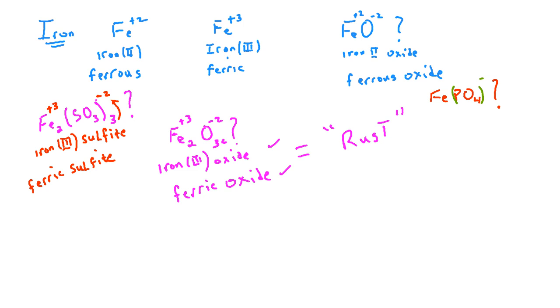So this would be iron 3 phosphate, that's the phosphate ion, polyatomic. Or we would call this ferric phosphate.